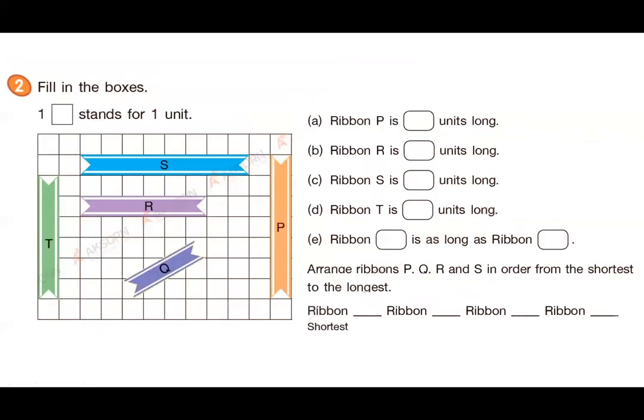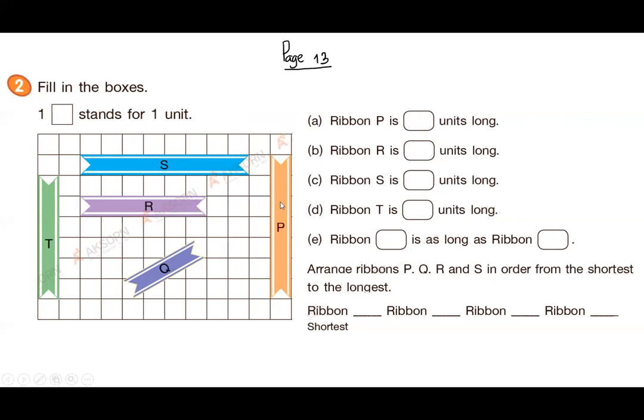Okay, move on to page number 13. Page 13. Okay, fill in the boxes. 1 square stands for 1 unit. Now we have got ribbons S, R, Q, and T. So ribbon P is how many units long?